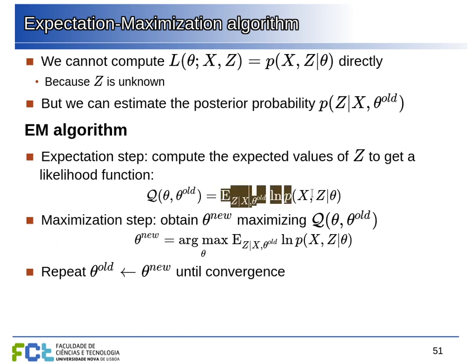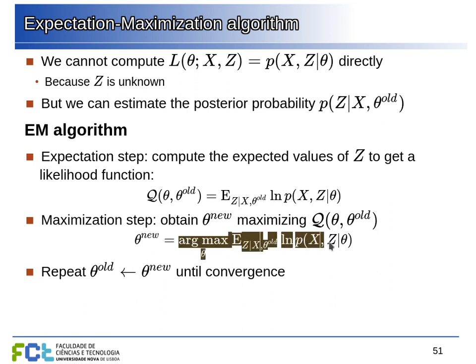This will allow us to write a function for the likelihood of our parameters, because now we have an assignment of points to clusters, and now we compute a new set of parameters by maximizing that likelihood function, and we repeat this until convergence, or until we do some number of iterations and don't want to do any more.